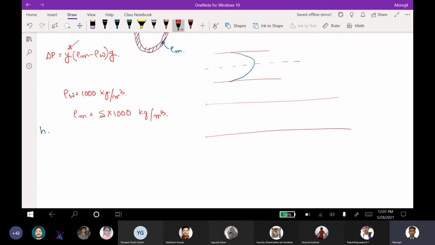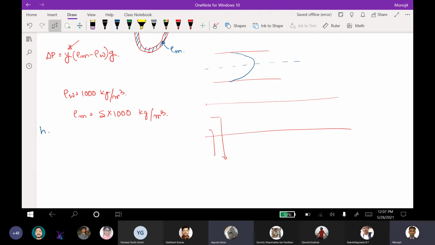If I place the pitot tube somewhere here and here, what will you get? It's a tricky question. Let's see if any one of you can answer. Same value is also possible, same height, if it is fully developed flow.